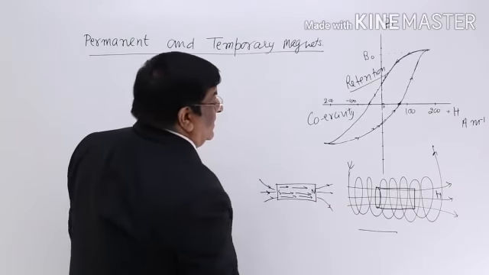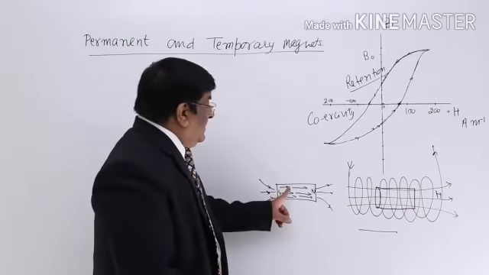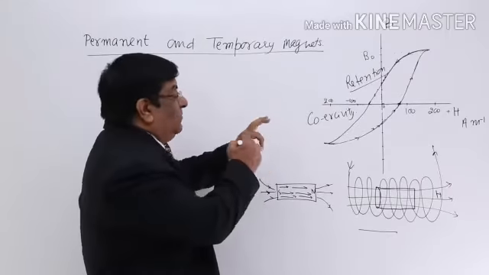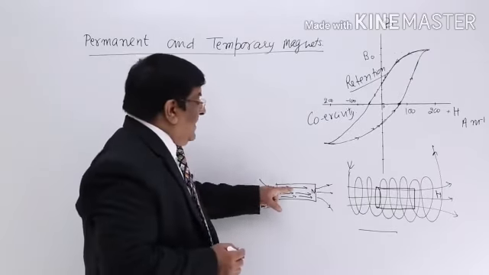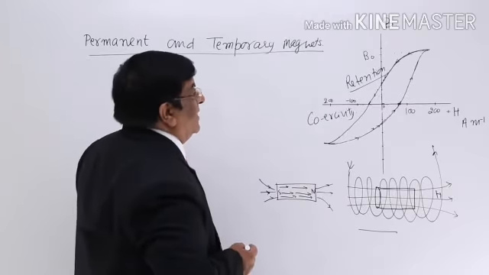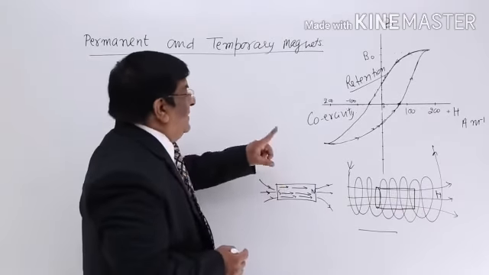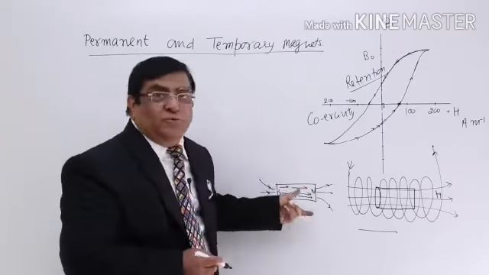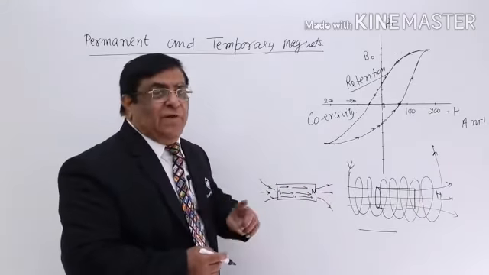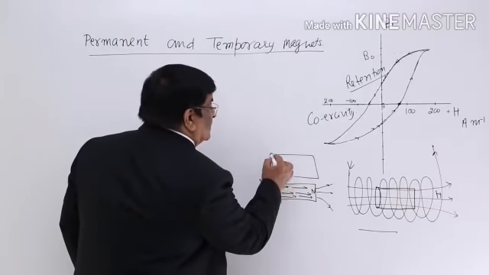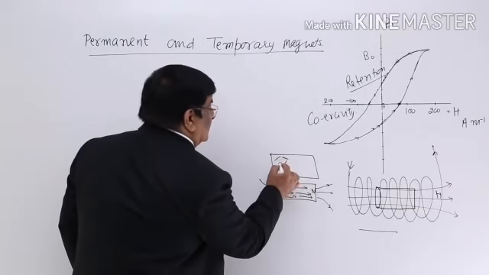Okay. Now, when the domains leave their closed cycle shape and become straight, this will become a magnet. It will retain its magnetism as long as they stay like this. It will not remain a magnet if they again become cycles like this.